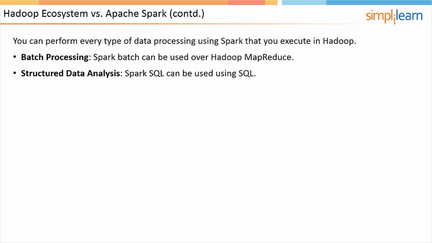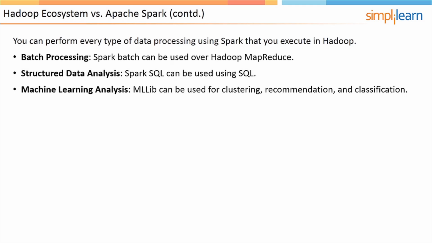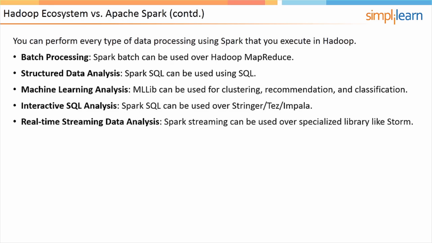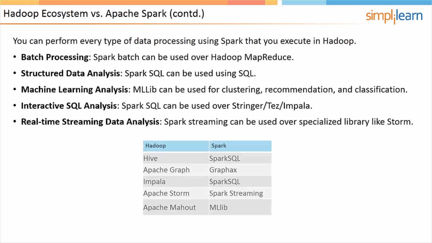For machine learning analysis, the Machine Learning Library can be used for clustering, recommendation, and classification. For interactive SQL analysis, Spark SQL can be used over Stinger, Tez, and Impala. In addition, for real-time streaming data analysis, Spark Streaming can be used over specialized libraries like Storm. A summary of this comparison is also given in the table shown on the screen.